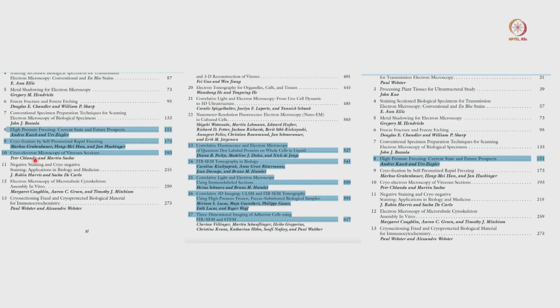These are high pressure freezing, current status and the future prospects, or cryofixation by self pressurized rapid freezing, or cryo-electron microscopy of the vitreous section. These three I covered, and again correlative fluorescence and electron microscopy, then FIB SEM for tomography. Those are the chapters you should focus on.